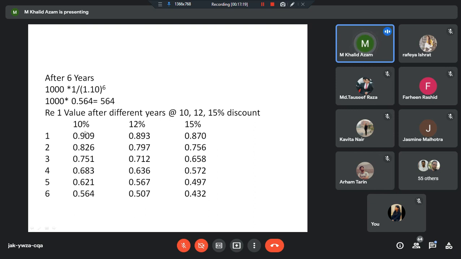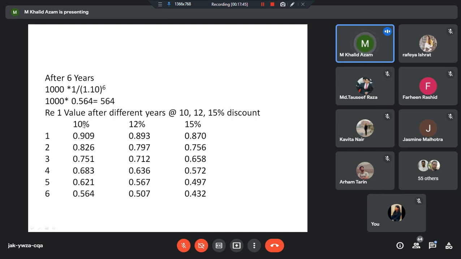If you are getting 1 rupee, it is being discounted at 10%, and you are getting it after 1 year, its value is 0.909. So 1 rupee will be only 90.9 paise. If you are going to see it in terms of paise, it will be 90.9 paise in place of 100. We have already seen that.